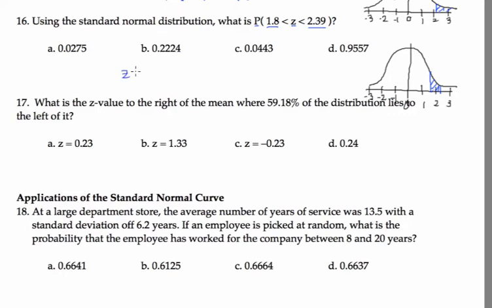For the z-score of 1.8, the probability that you're to the left of it is 0.9641. And for the z-score of 2.39, the probability that you're to the left of it on the table is 0.9916. I subtract the two to find the area in the middle.